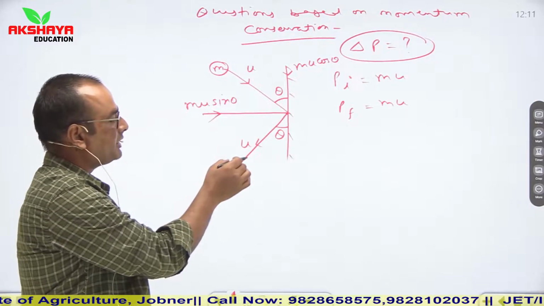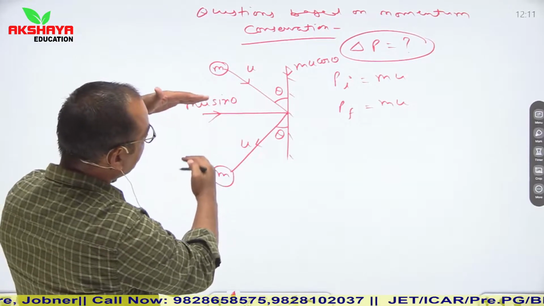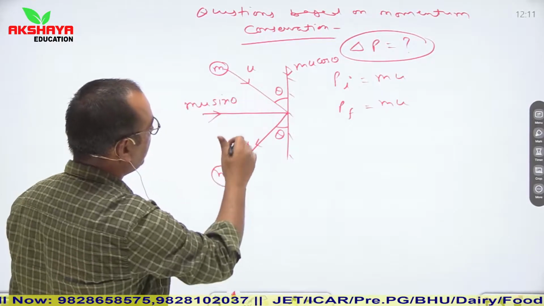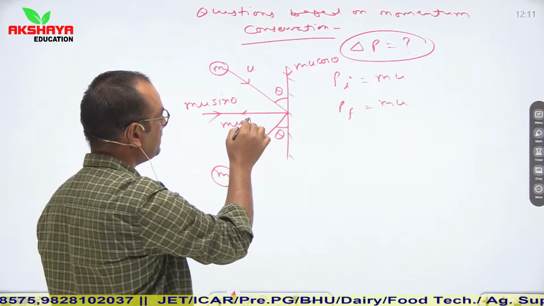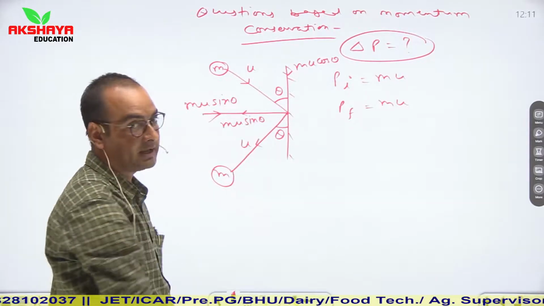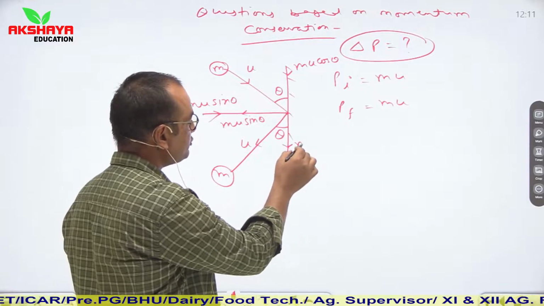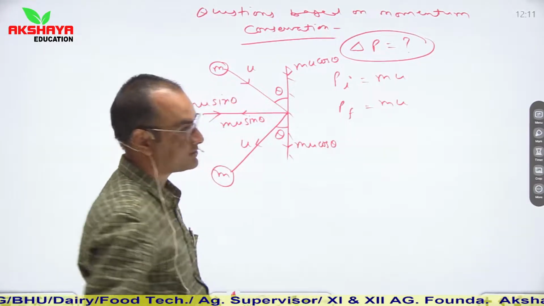Similarly, after rebounding, the component in the x direction is now opposite. Initially it was traveling in the plus x direction and now it is moving in the minus x direction, so its component becomes mu sin theta in the negative x direction. Similarly, its component in the y direction becomes mu cos theta in the minus y direction.